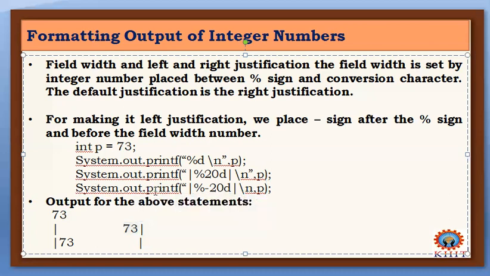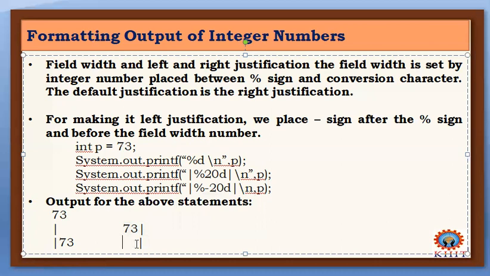Similarly, System.out.printf -20d. -20d means the value is printed on the left side and after that it should leave 20 spaces after your output is printed.